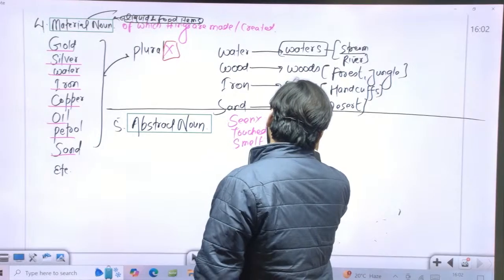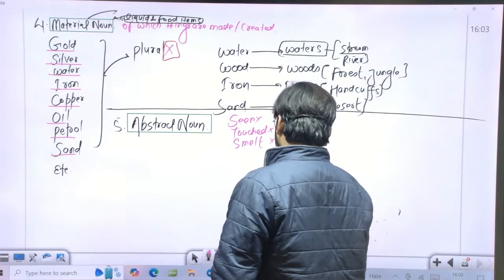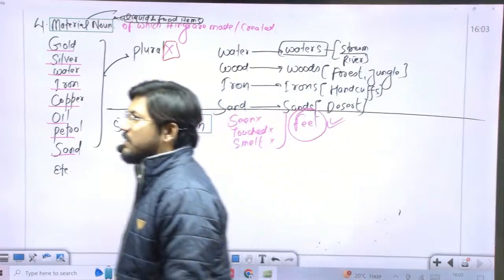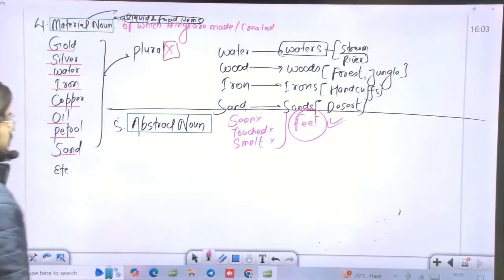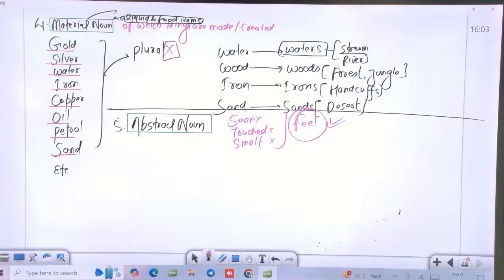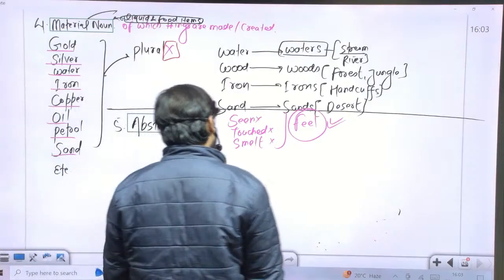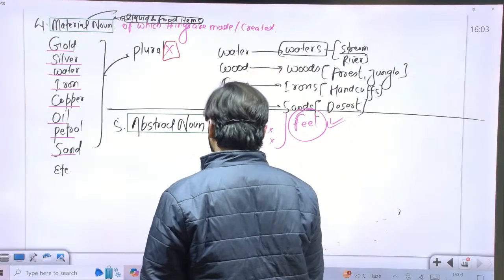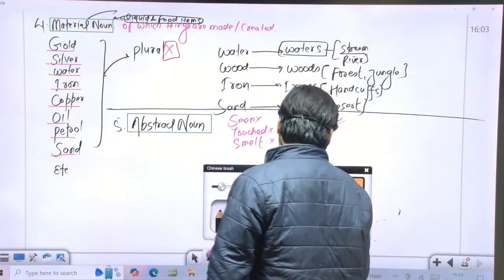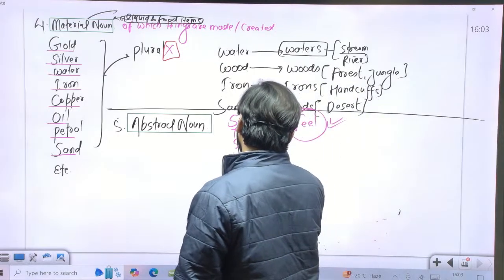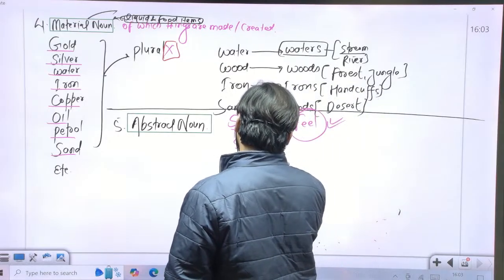But we can feel them. These are known as abstract nouns. We can't see, we can't touch, we can't smell, or we can't taste them as well.